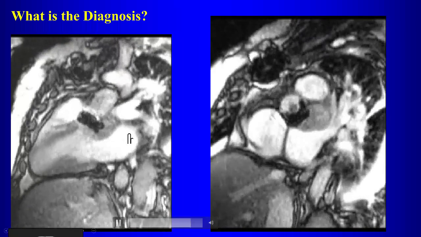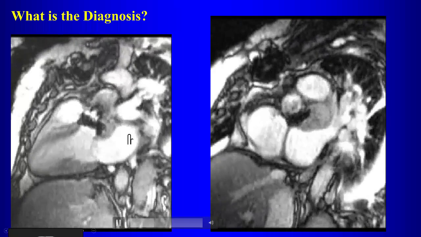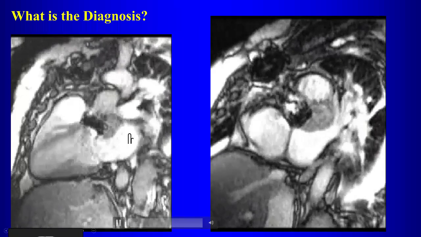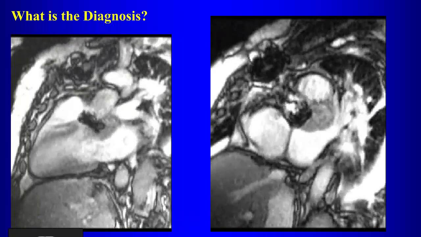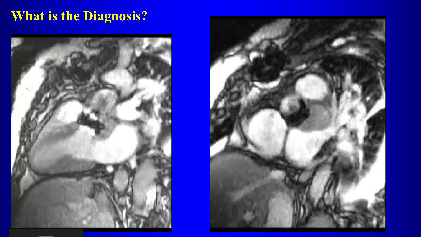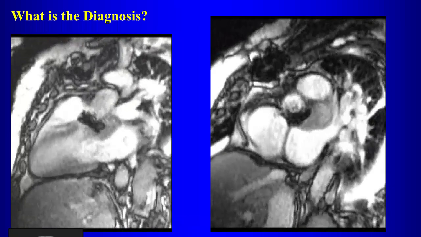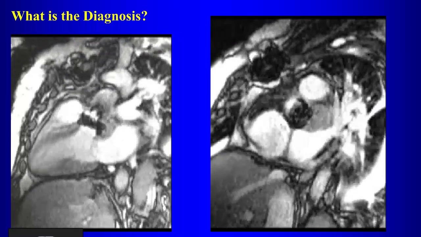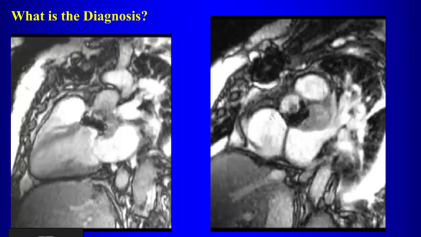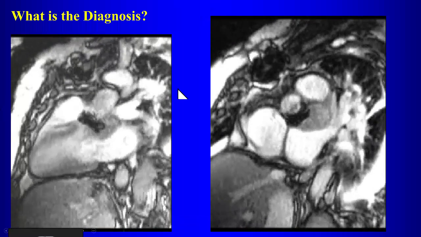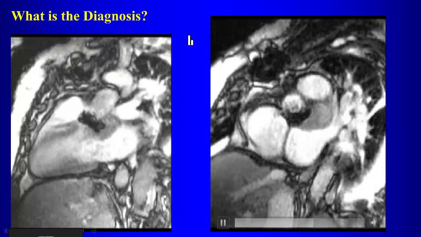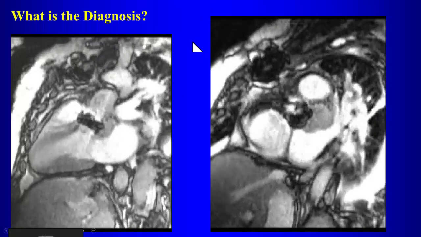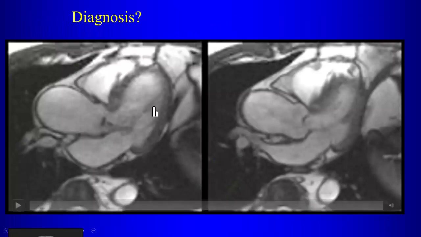So that's one. What else? Calcifications, right? That could do it. What else? Vegetation, right? This was a case of vegetations. So vegetations can also do this, okay? So that dark signal around the valve, vegetations can cause loss of signal like that, or I guess from turbulence and stuff around the valve.